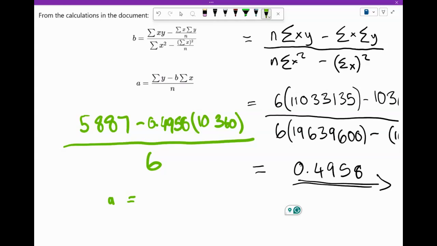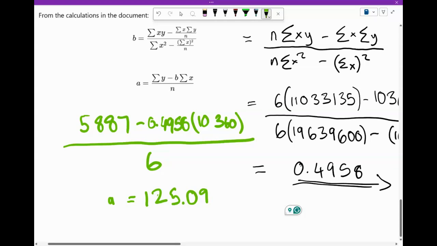Anybody else? Are you sure? Okay, so here they're getting 0.09.